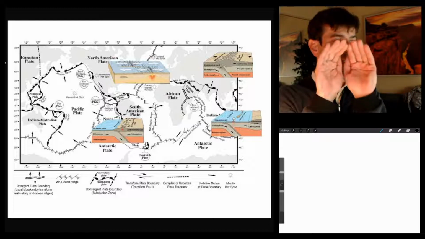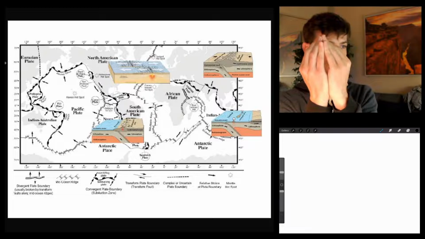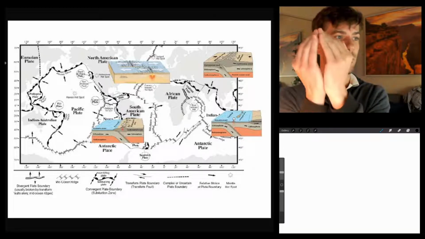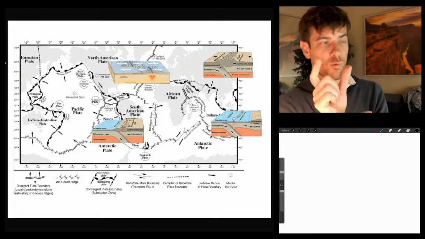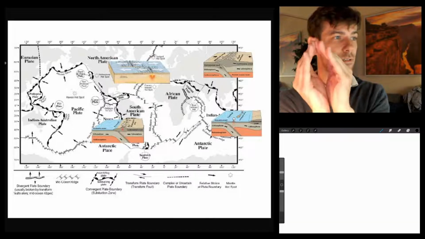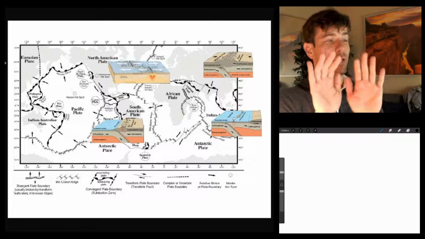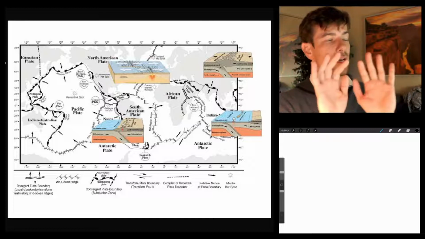If you think about a sphere and you have crust on a sphere, right? It's not a very good sphere, but you get the point. When I open my hands, right? If I spread that apart, it doesn't create the same width of opening everywhere, right? It opens more in the middle than at the ends, at the top and bottom. And that's true of the Earth. If you take the mid-Atlantic ridge and you say, well, we're going to open up the Atlantic Ocean, you spread it.